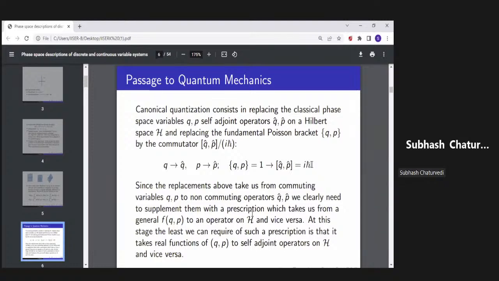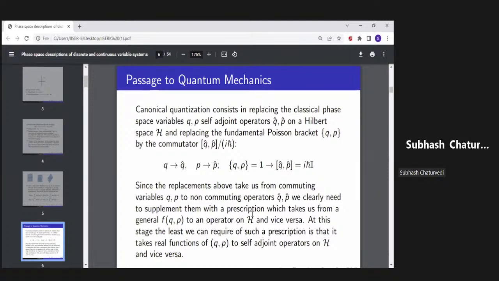discrete case. Remember that whatever we have just said does not apply to the case where q and p are discrete variables, because [q hat, p hat] equal to i h-bar on a finite dimensional Hilbert space does not make sense, because the left hand side trace is 0, but the right hand side trace will be something finite.